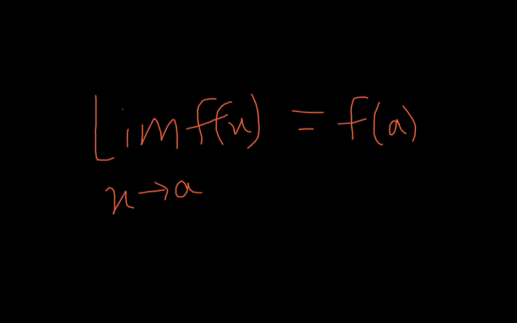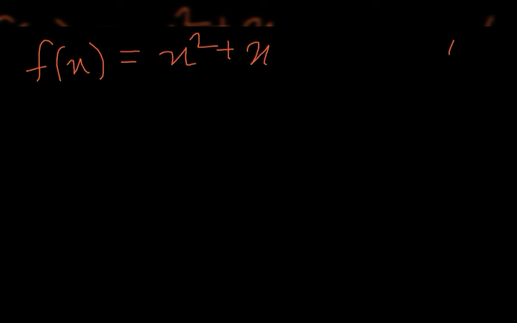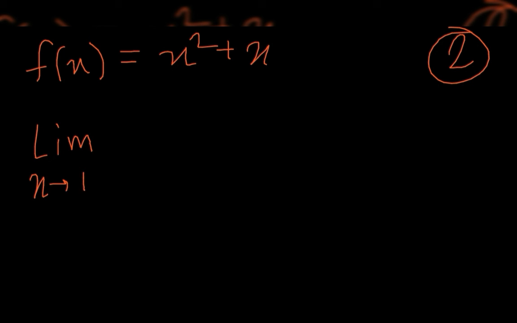So remember the earlier sum we did, can you remember what it was? It was f of x equals x square plus x, and my answer came out to be 2. Now let's say limit x tends to 1 of x square plus x.